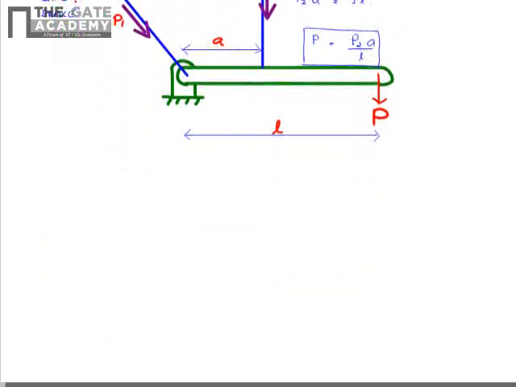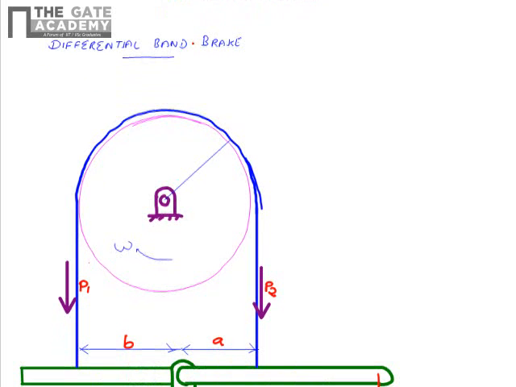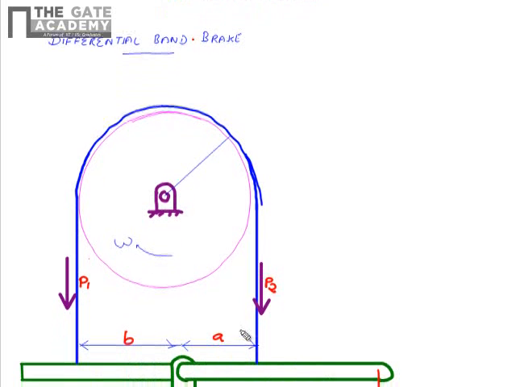Now there is another type of brake called the differential band brake. Now we will see about the differential band brakes. It's called differential because it's not a simple band brake, because the two ends of the steel strip are connected to the levers and none of the ends are connected to the fulcrum.